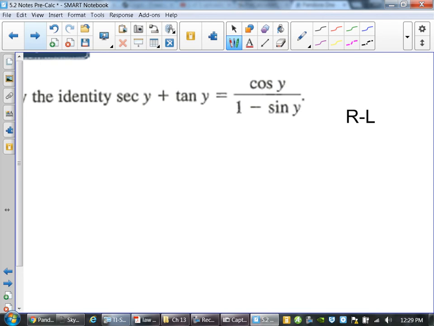What is the R and the L thing? Go right to left. Do it right to left. So in this case, sometimes going left to right doesn't get you anywhere.